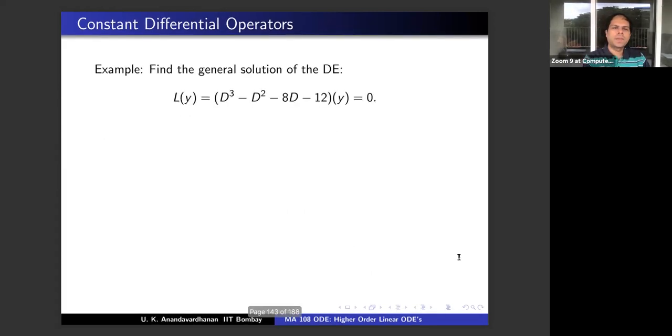Let's do an example. Can you do this? Obviously, there must be a repeated root. Can you factorize this? The polynomial is x cube minus x square minus 8x minus 12. What are the roots?